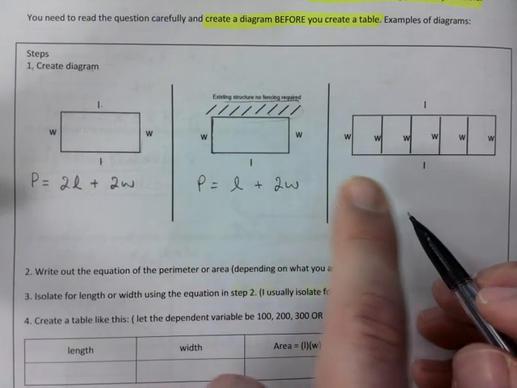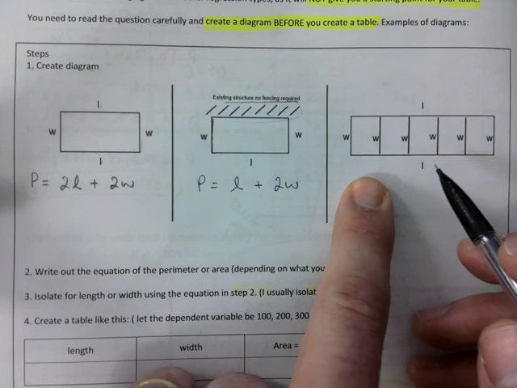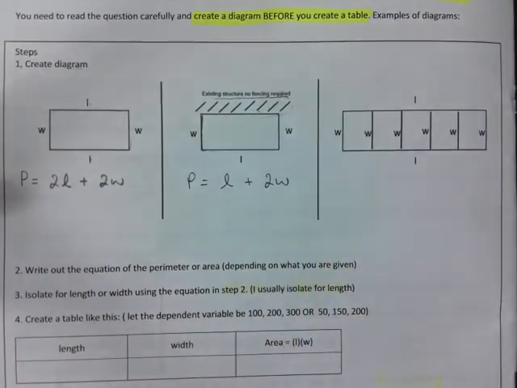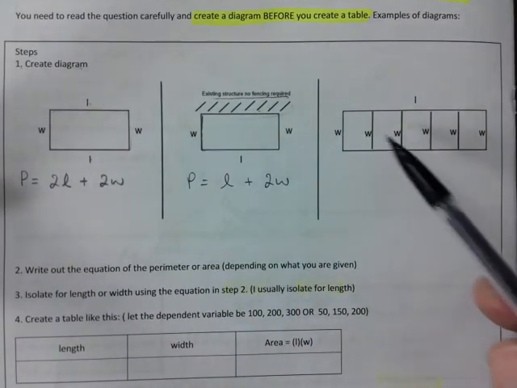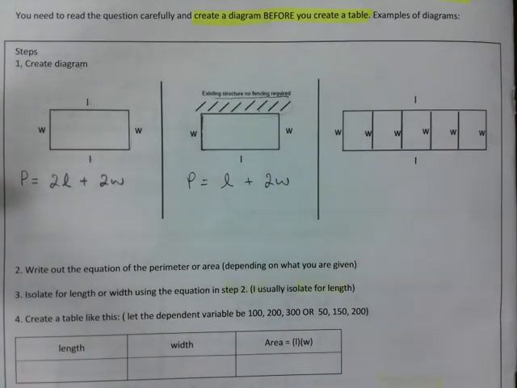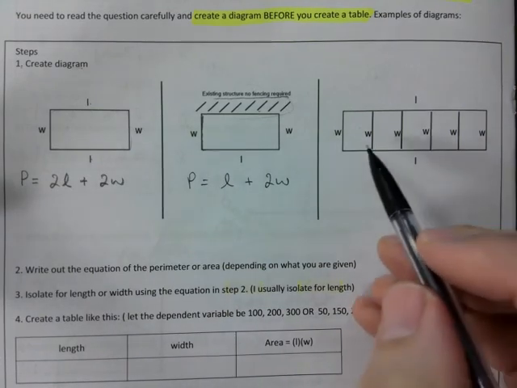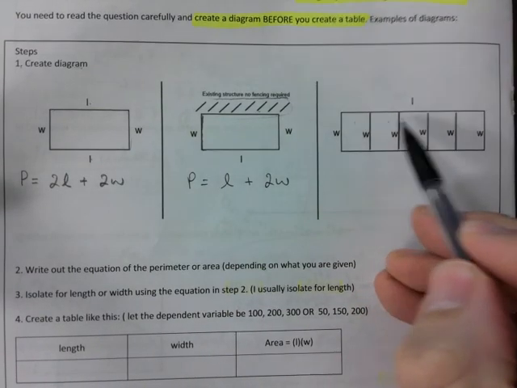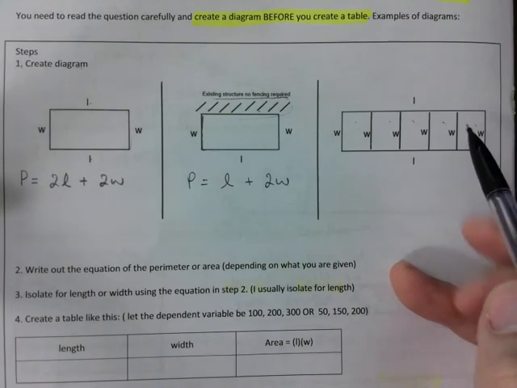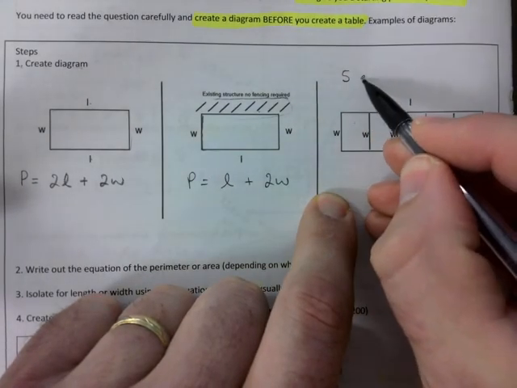Let's say this is a scenario, a third scenario, right? You're a farmer perhaps, and you're trying to make enclosures to separate sheep from goats, from chickens, right? You need a bunch of enclosures. So let's say you want 1, 2, 3, 4, 5 enclosures, right?